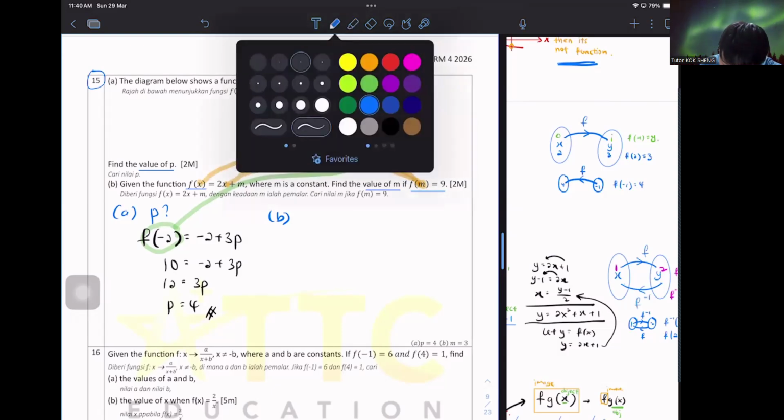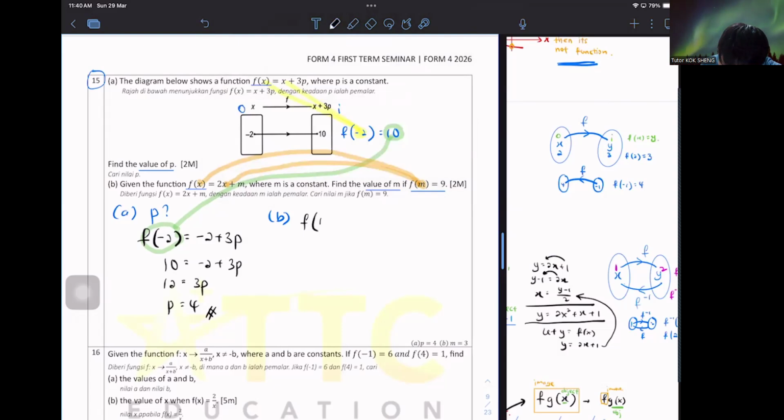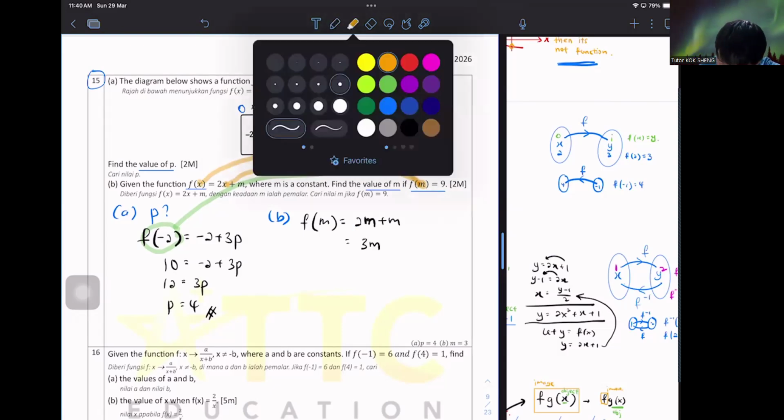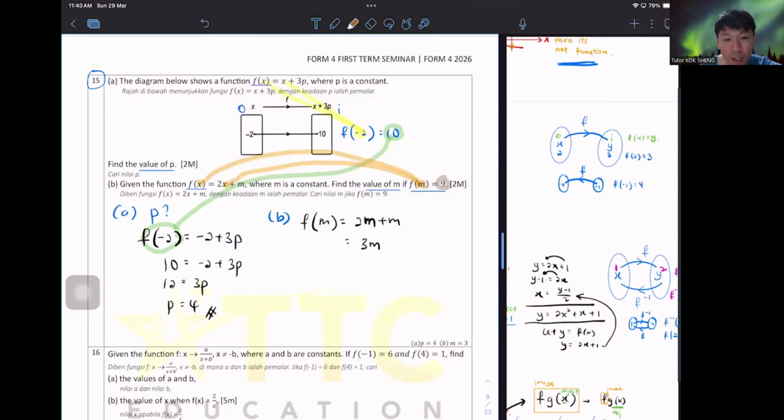So you get f(m) equals 2m plus m. Oh, this one can simplify. 2m plus m is 3m. And then f(m) equals 9, right?